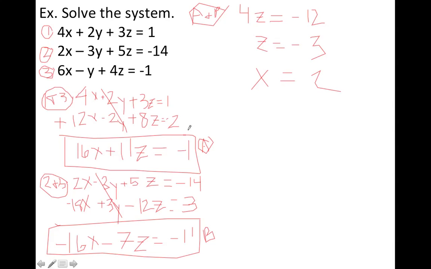Doesn't matter which one you choose. And we should get y equals 1. So our ordered triple, remember your parentheses, will have 2, 1, negative 3. Again, it's just like an ordered pair, but since we have 3 variables this time, we're going to have an ordered triple.